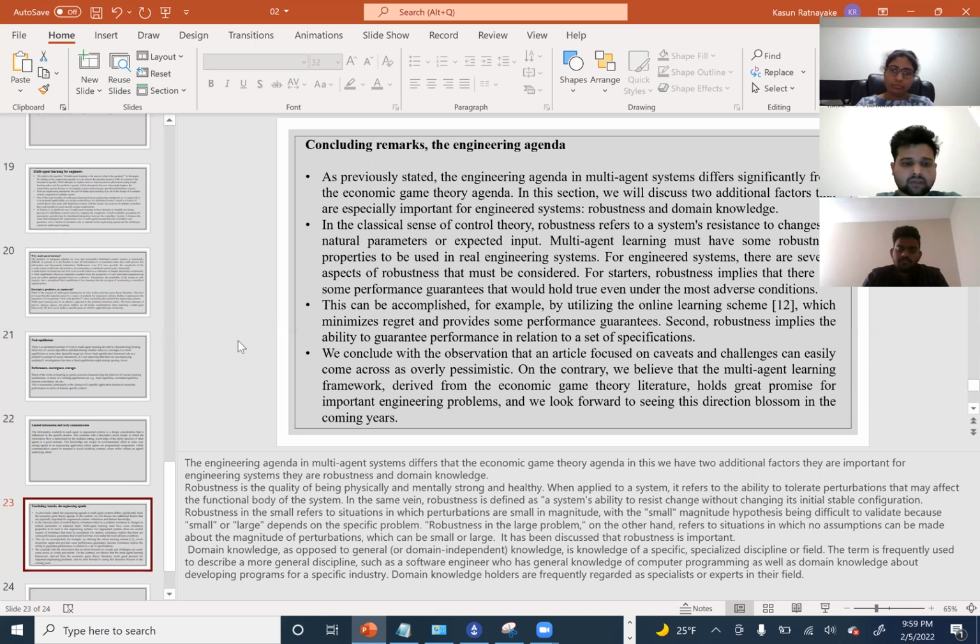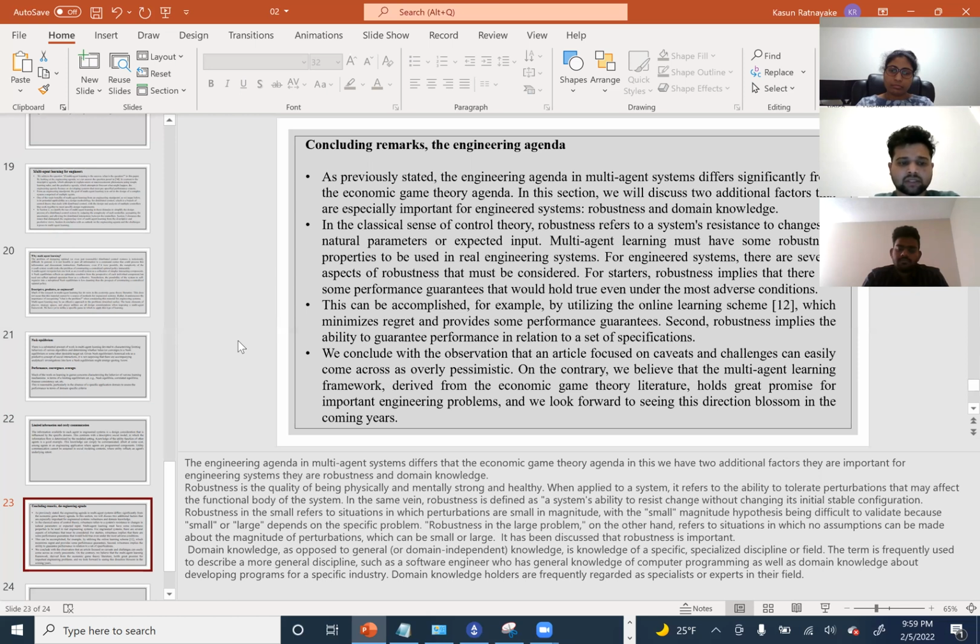And robustness is the quality of being physically and mentally strong and healthy. When applied to a system, it refers to the ability to tolerate perturbations that may affect the functional body of the system. In the same vein, robustness is defined as a system's ability to resist change without changing its initial stable configuration.